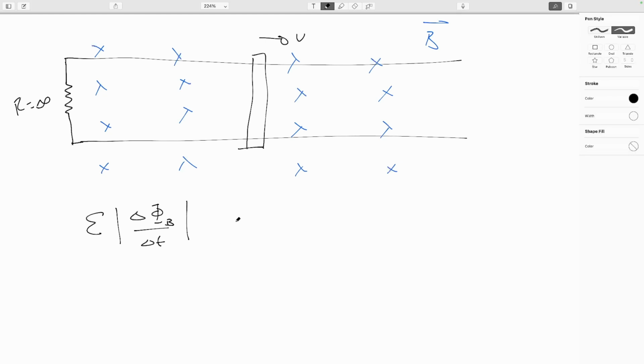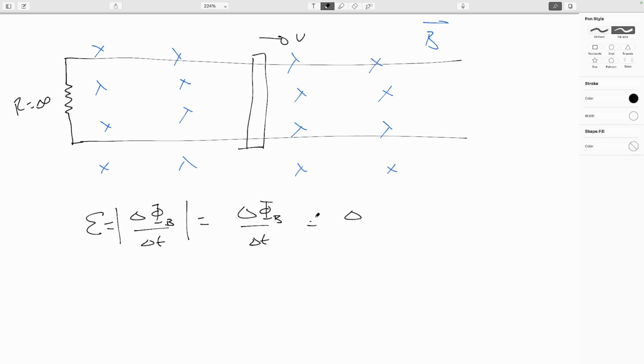So here, equals. So here, in this case, as the bar keeps moving to the right, we can see the number of magnetic field lines is increasing, so it'll be a positive number, so I can drop the absolute value signs.